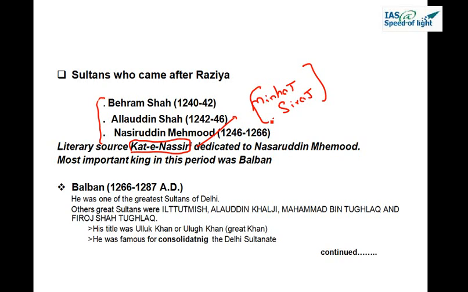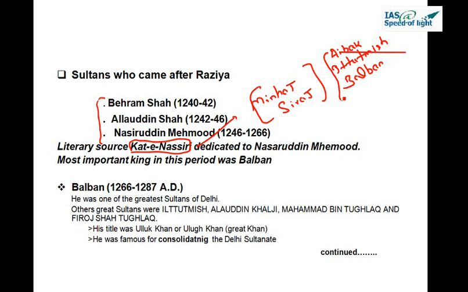Now we come to the most important king of this period, that is Balban. So we studied important kings: first was Aibak, second was Iltutmish, and now comes Balban. Now let us see what Balban will do in his rule.